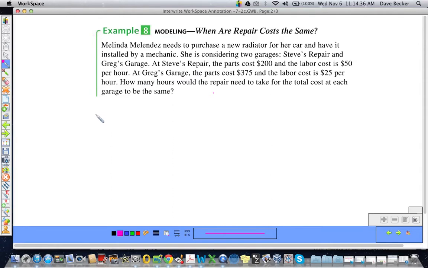So I'm going to write an equation for Steve's Repair. The equation is, and I'll use cost C, is equal to $200 plus $50 per hour, 50H, where H is the number of hours.